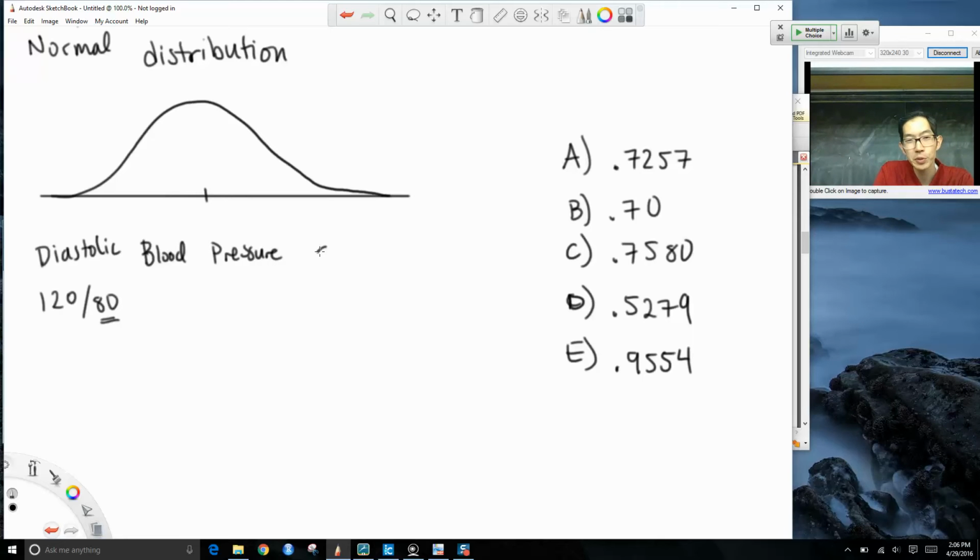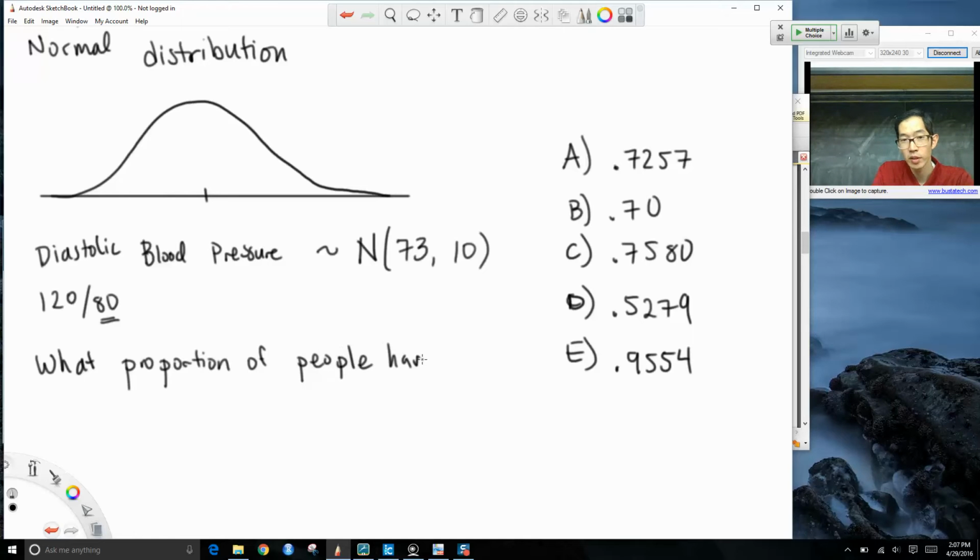Diastolic blood pressure, we'll say, comes from a normal distribution with a mean of 73 and a standard deviation of 10. We'll say, what proportion of people have blood pressures lower than 80?